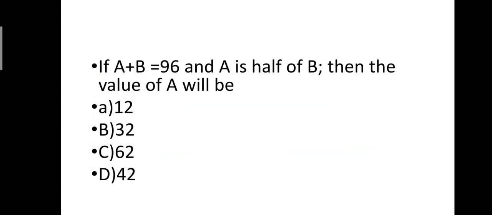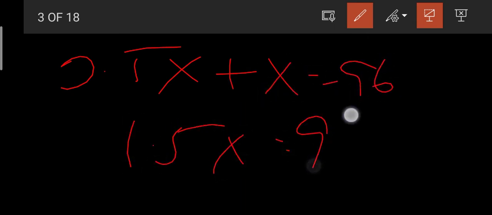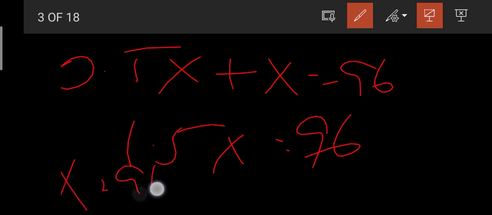See friends, here they have given that if a plus b equals 96 and a is half of b, then the value of a will be? What will many of the students do? They'll be taking 0.5x plus x equal to 96, then 1.5x equal to 96, then x will be 96 by 1.5.